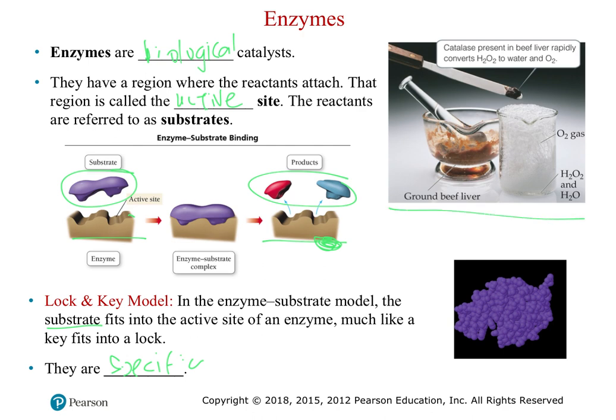And then we have this example here, an enzyme used in lots of things, apparently ground beef liver as well as potatoes, that helps convert hydrogen peroxide into water and oxygen. So that's another, more biological way for hydrogen peroxide to be decomposed.